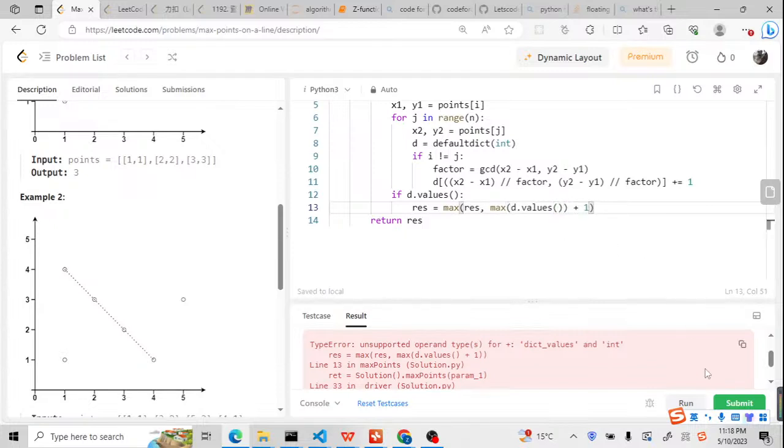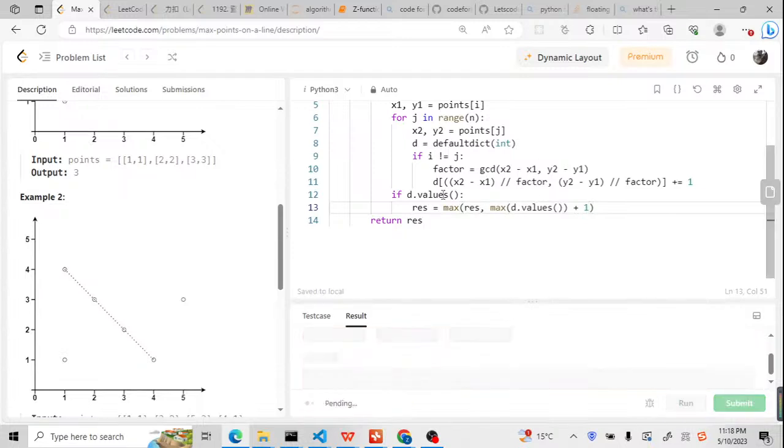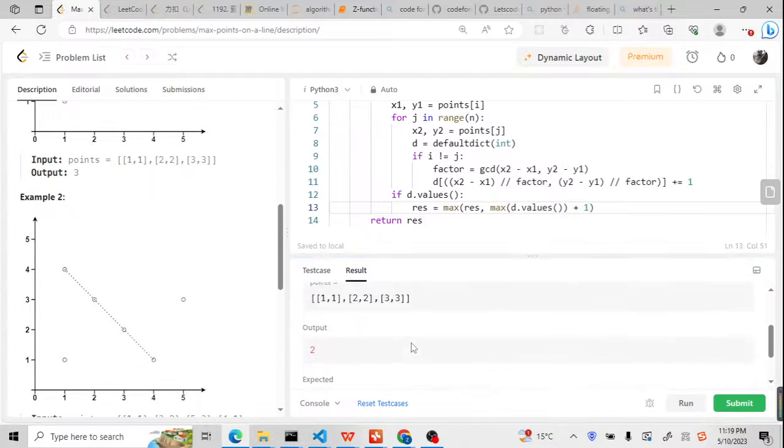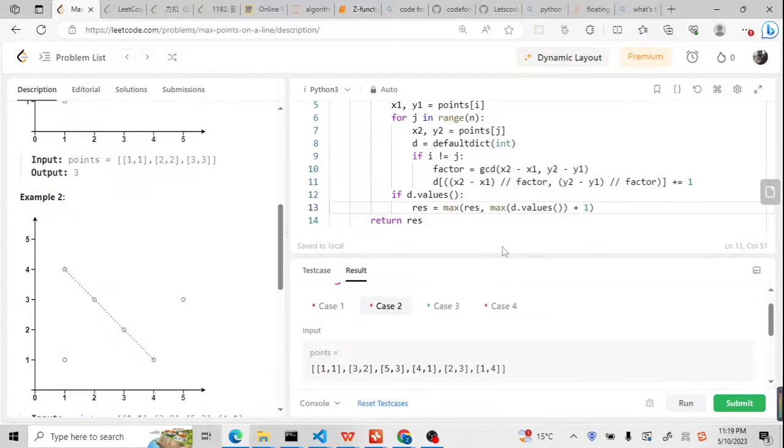It should be outside. Now let me check if there are any mistakes. But it seems the result is not okay. So this is a 2, and this means there's something wrong.